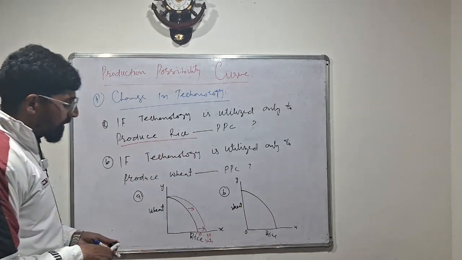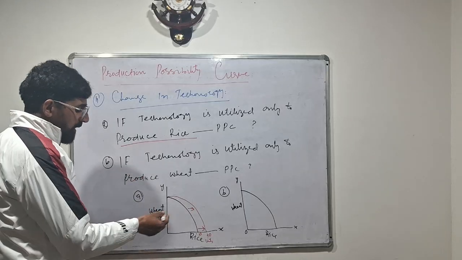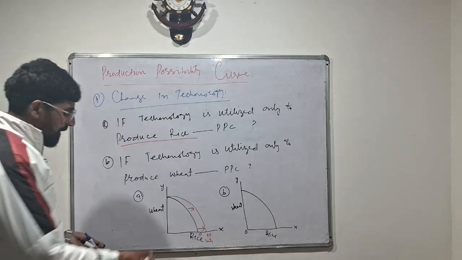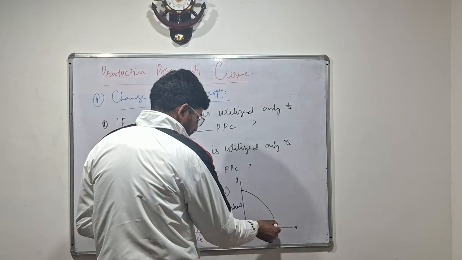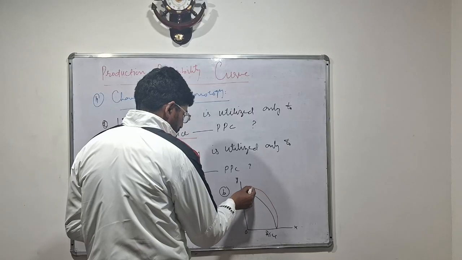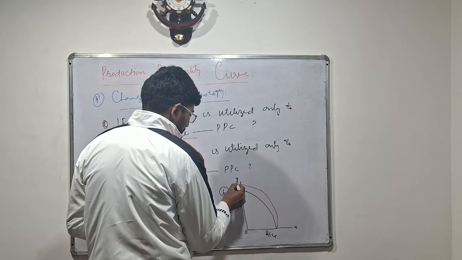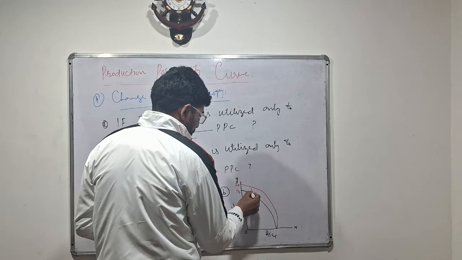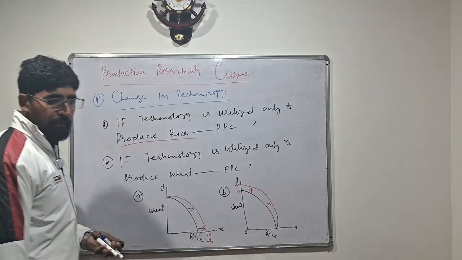When technology is utilized only to produce wheat, as we have shown for rice, then this PPC curve will rotate towards wheat. This will show only production of wheat has been increased. Nothing of rice has been increased.